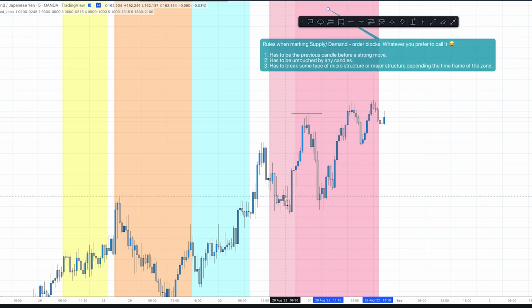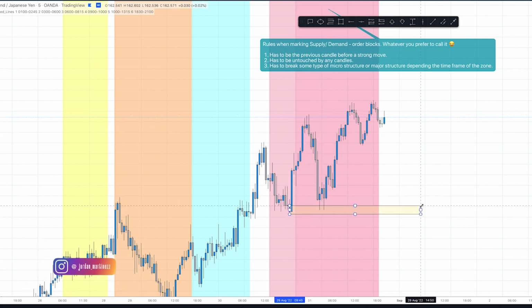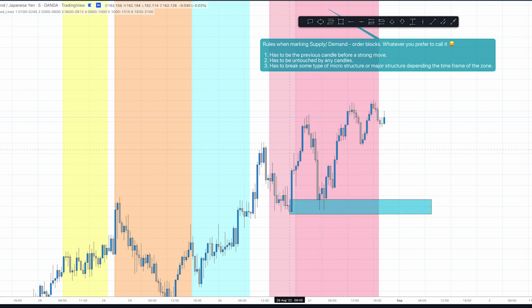So check this out. We have this previous candle before this strong move that took out this high right here. Let's draw it like this so you guys can see it. The previous candle before the strong move took out these highs.